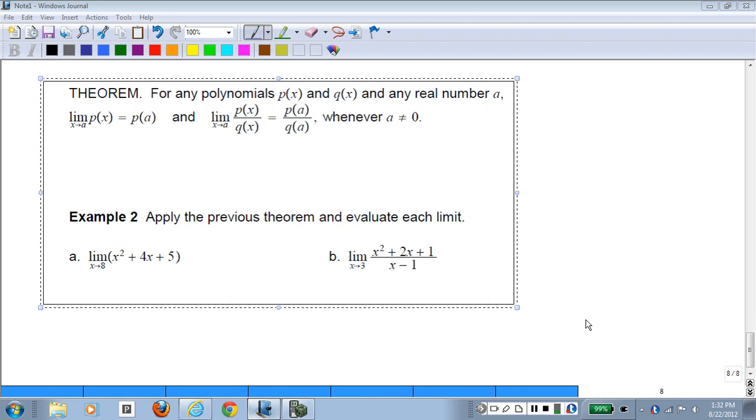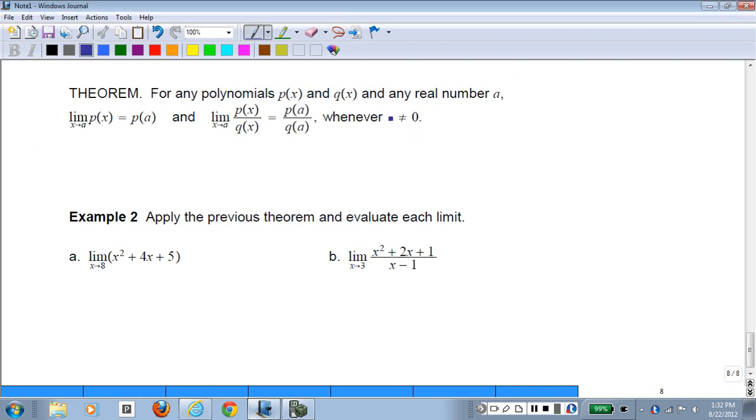And if you have a ratio of polynomials, p of x over q of x, and you want to evaluate the limit, whenever q of a is not equal to 0, the limit of p of x over q of x is equal to p of a over q of a, provided q of a does not equal 0.